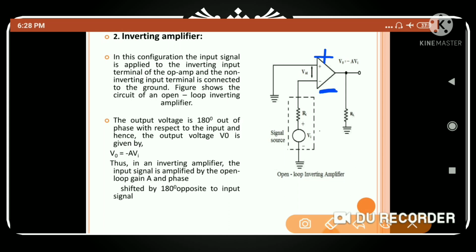If there is an inverting amplifier, then you should give the input to the inverting terminal, that is minus. Then what about the non-inverting terminal? The non-inverting terminal should be grounded, directly to the ground.